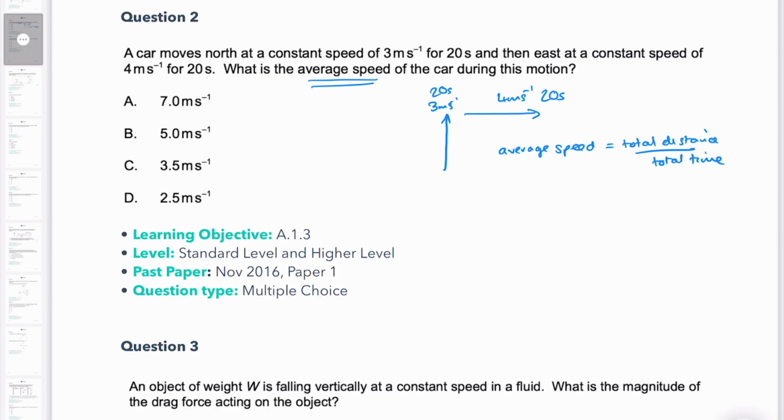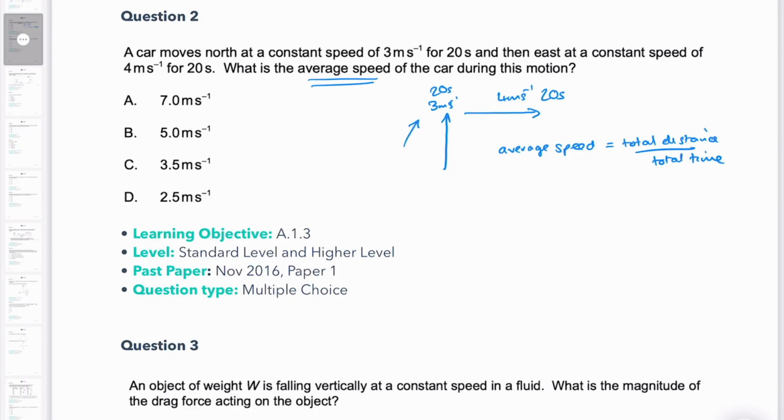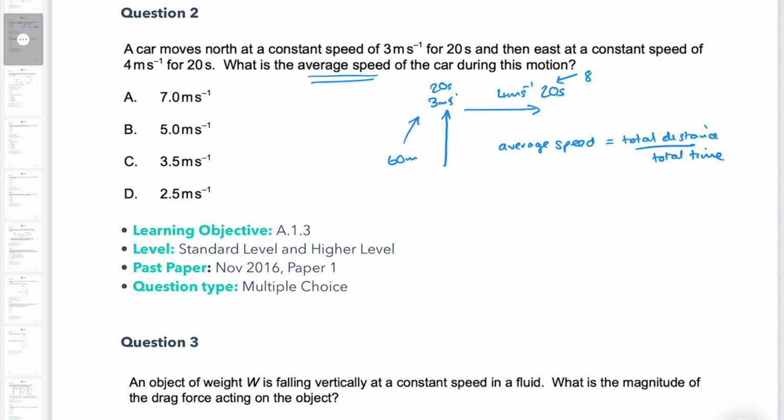Okay, so the total distance covered here will be distance equals speed times time, so that'll be 60 meters. And the total distance covered here, that will be 80 meters. So the average speed is 140 divided by the total time, which is 20 plus 20, that's 40. That will be 3.5 meters per second, and our answer is 2C.